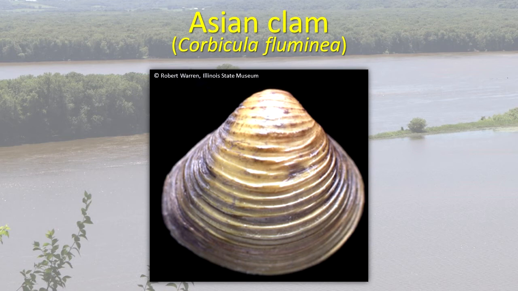They like the warm water in these areas as they have a low tolerance for cold temperatures. These clams can be found in all the large rivers of Illinois. They are eaten by fishes and crayfish, but not enough to control their populations. No limiting measures have been taken to reduce their populations.